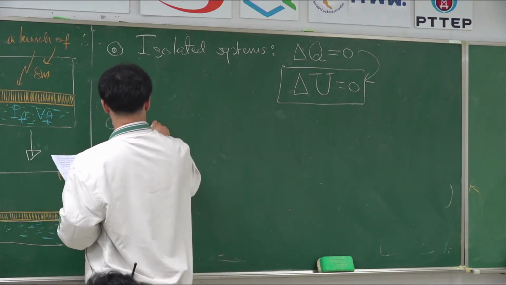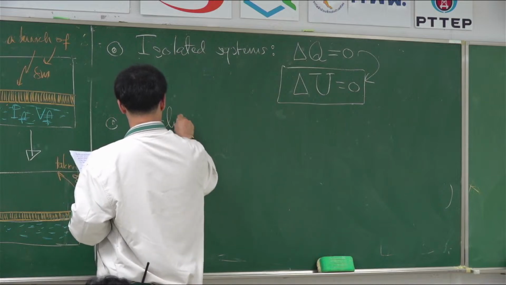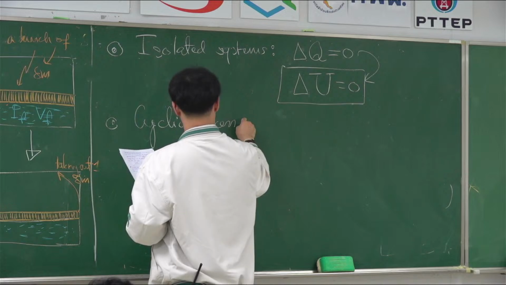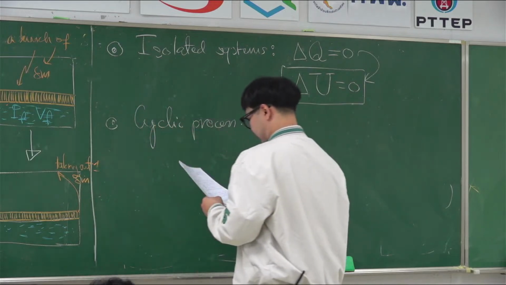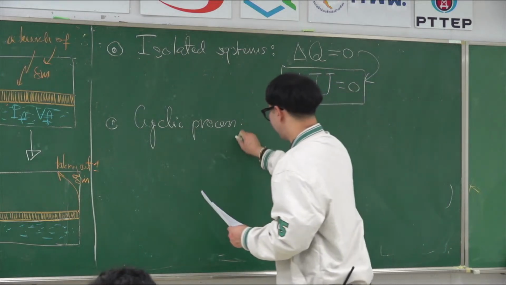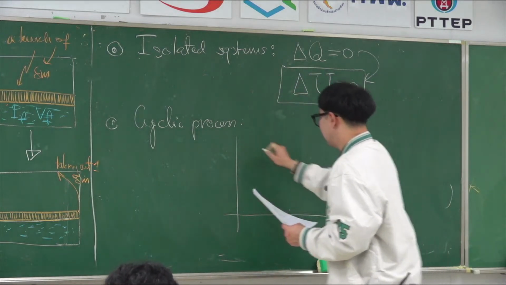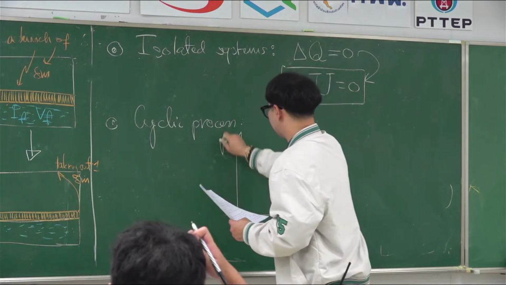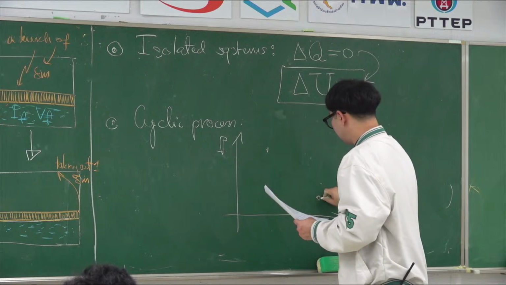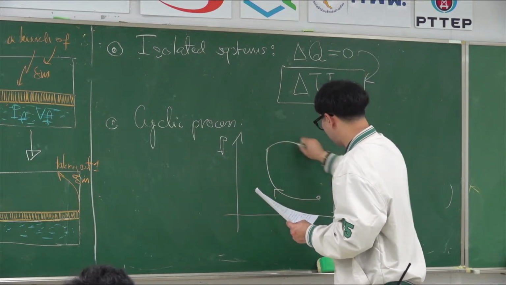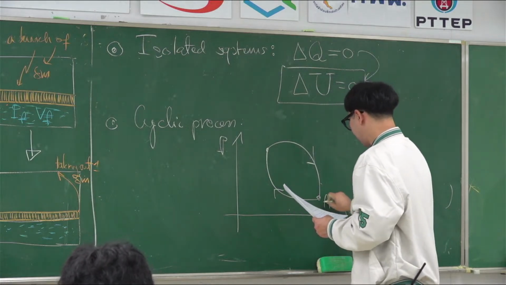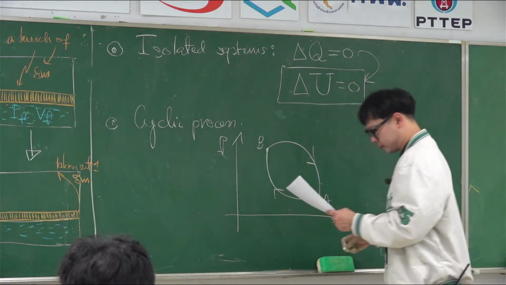Next one. Cyclic process. Okay, it can go this way, and then you call this cyclic, right? A and B. Okay.